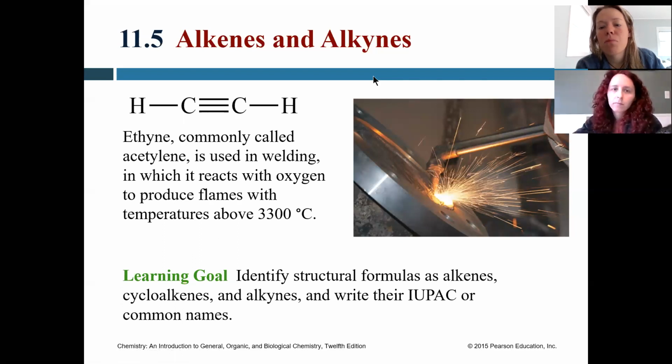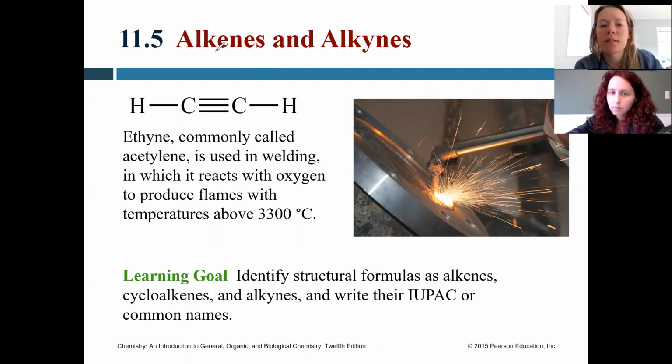So does it get more complicated than what we've talked about? Obviously. The next thing we're going to look at is alkenes and alkynes. Up until this point, I've said everything in the carbon chain is single bonded to each other. Well, that's not always the case.